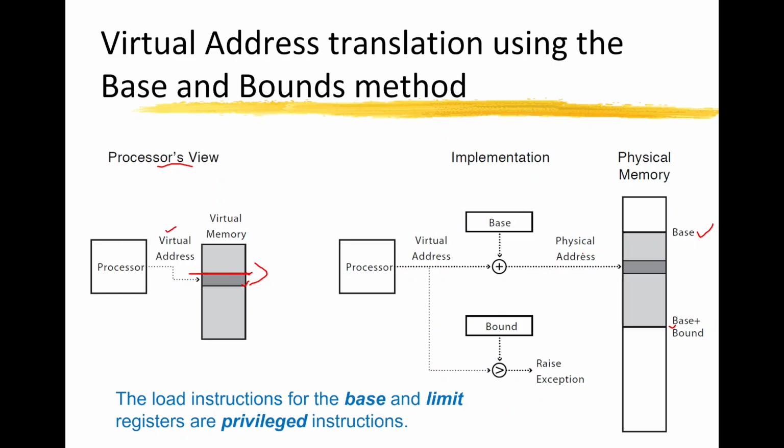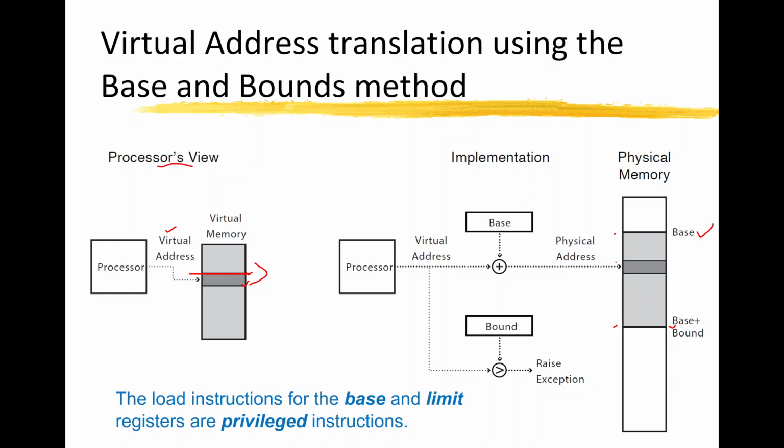So the physical address comes here and it's looking for something between the base and the base plus bound. If the virtual address is greater than the bound, then you raise an exception. You cannot allow it to cross to the next. It has to be between here and here.